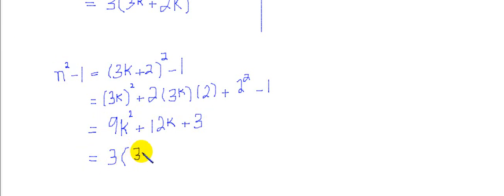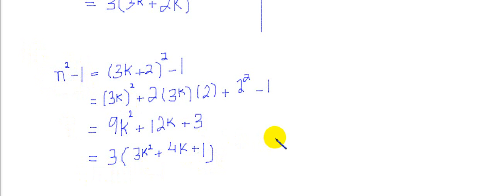We are left with 3k squared, and in the next term 3 times 4 is 12, so 4k, and then 1. So by the second value we have also proved that n squared minus 1 is a multiple of 3.